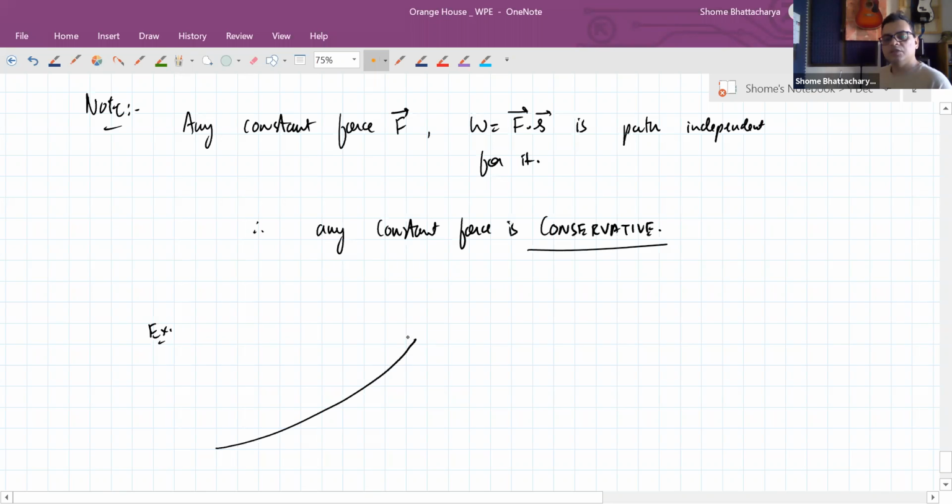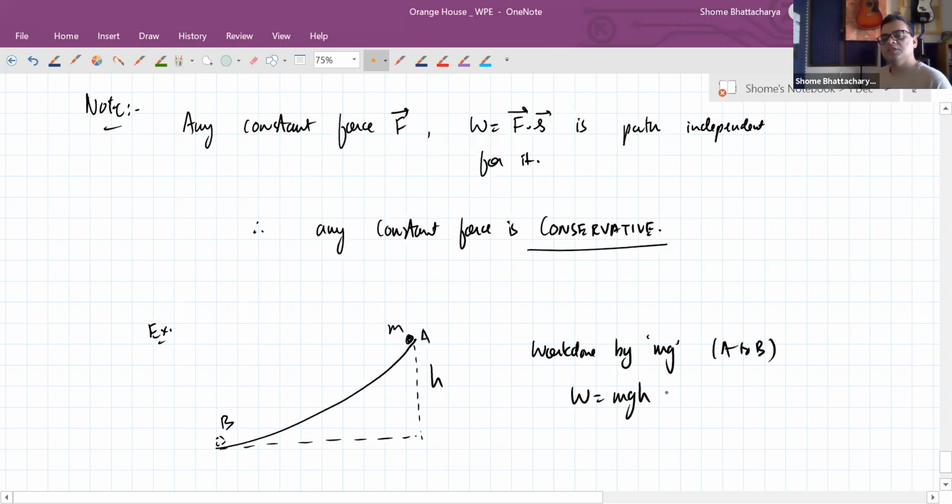Okay. So just now, for example, we had seen that if we calculate the work done by gravity from A to B, work done by mg from A to B was mgh.